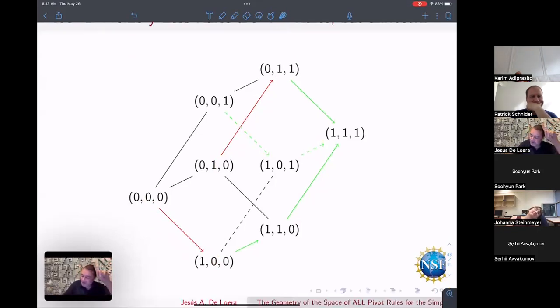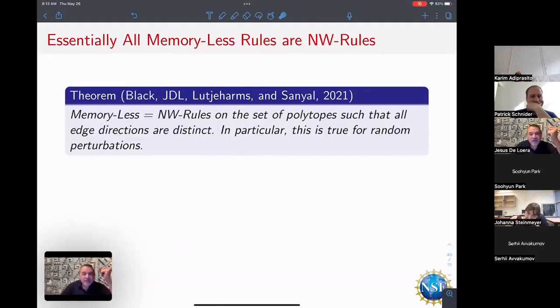Let me tell you what I mean by that. We prove that for a polytope, the memoryless pivot rules may not coincide with the NW rules, but you can perturb it and it will happen. This is the case when all the edge directions of your polytope are different.